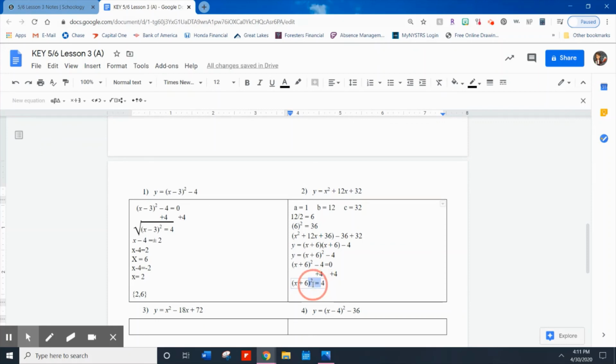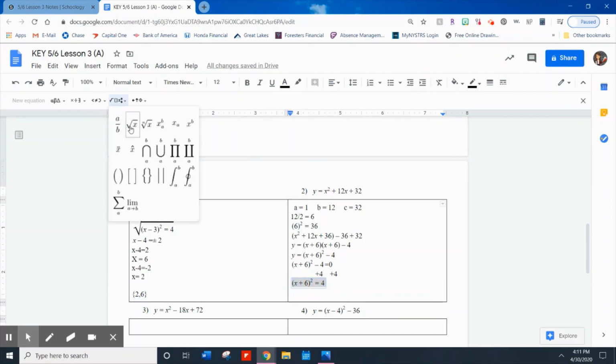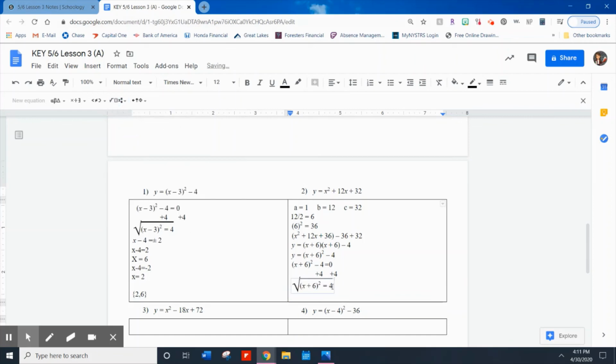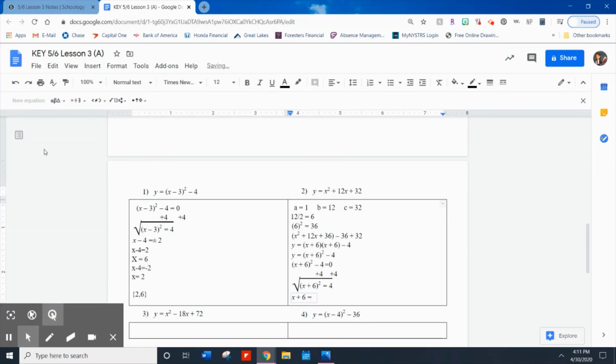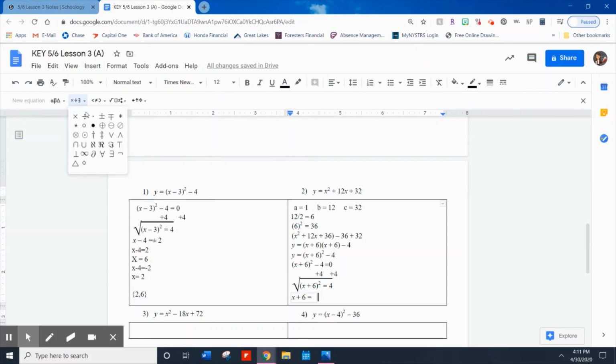And then how do we get rid of that squared? We take the square root. That means we get x plus 6 equals two different answers when you take the square root of a number. It equals plus or minus 2.